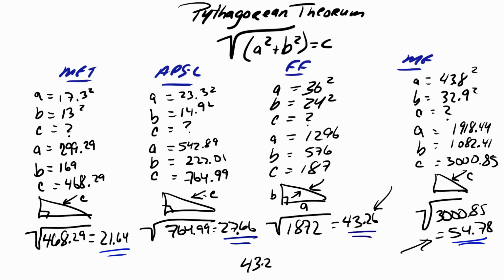So it would look like this: 43.26 divided by 54.78 is 0.79, rounded off. So you're looking at a crop factor of 0.79 when you're going from that 35 millimeter or the 35 millimeter equivalent.